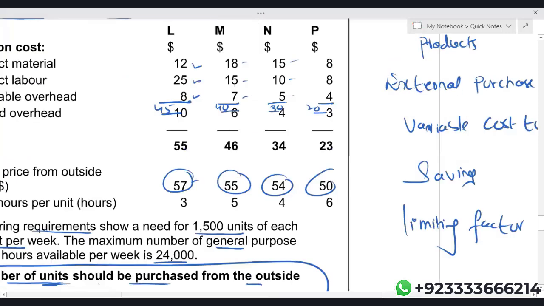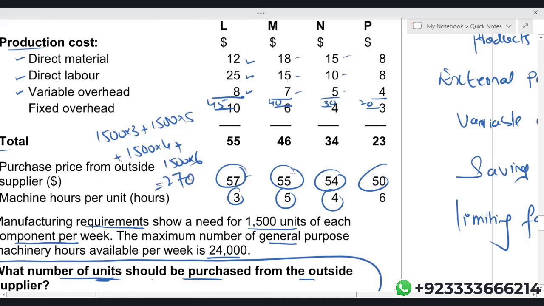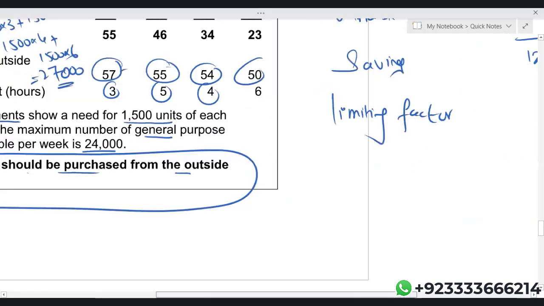Now come here. L needs 3 machine hours, 1500 into 3. M needs 15 multiplied by 5, 15 multiplied by 4, 15 multiplied by 6. So total machine hours required are 27, available are 24. It means obviously machine time is the limiting factor.